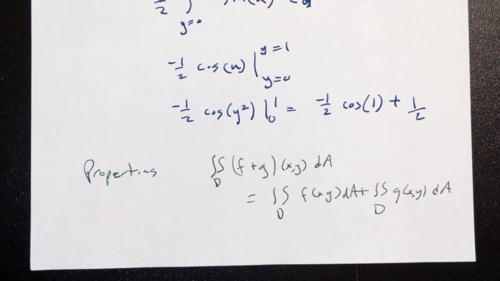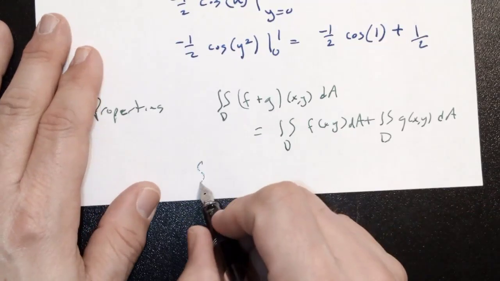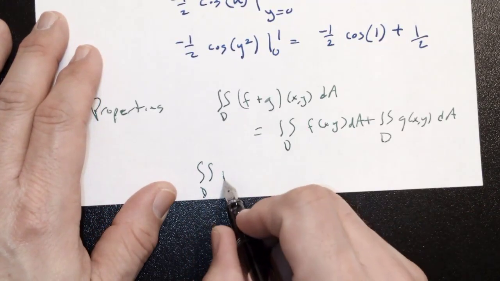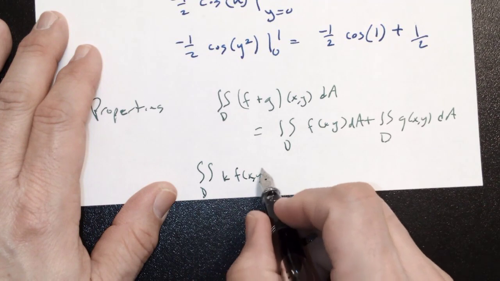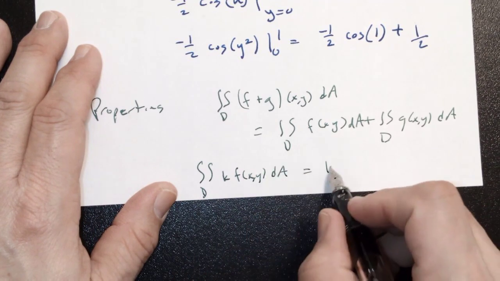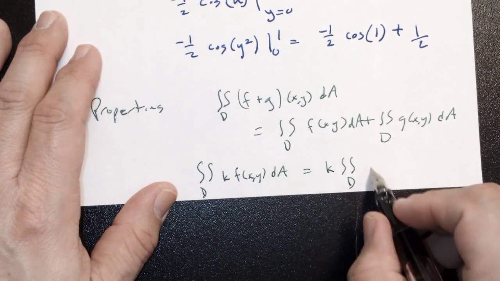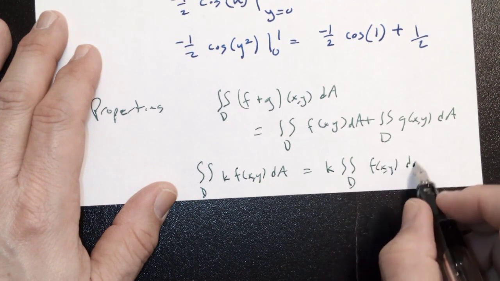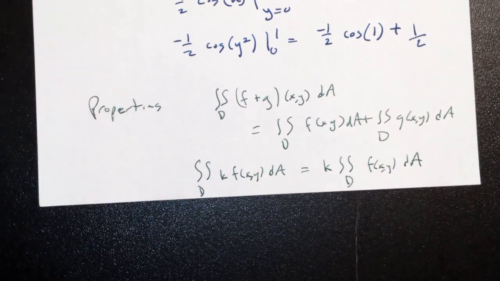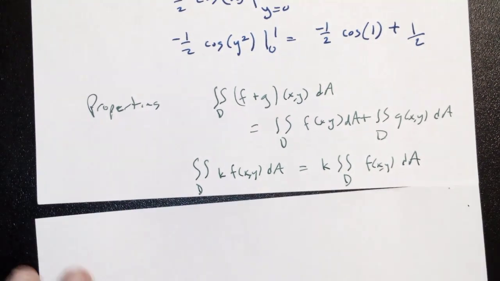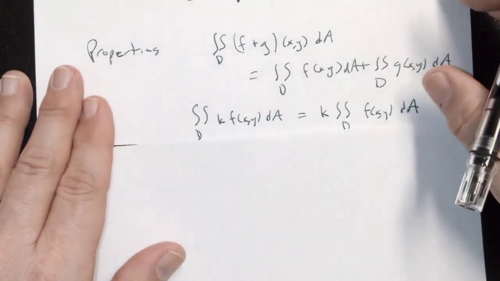Do each integral separately and then add. If you've got a constant in your integral, you can take that constant out front. Those are exactly the same rules we used in Calc 1. I'm really happy to see those come up again.